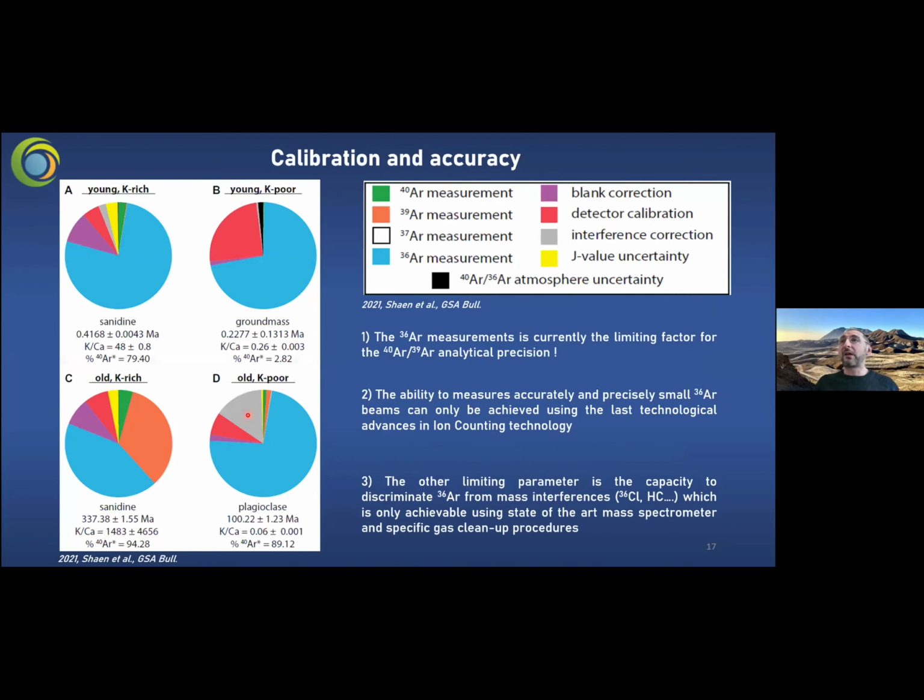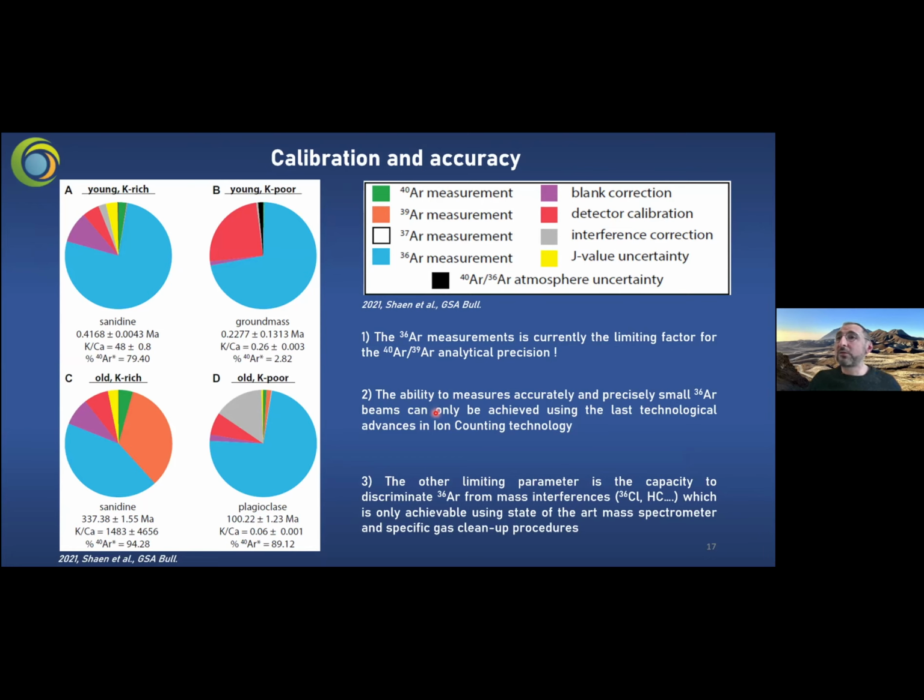Talking about calibration and accuracy, this is a nice figure that I took from Schaen et al. in the GSA Bulletin. As you can see, no matter the age or the composition, the main problem is the 36 argon measurement. This is the current limit of our analytical precision. This is the blue here.